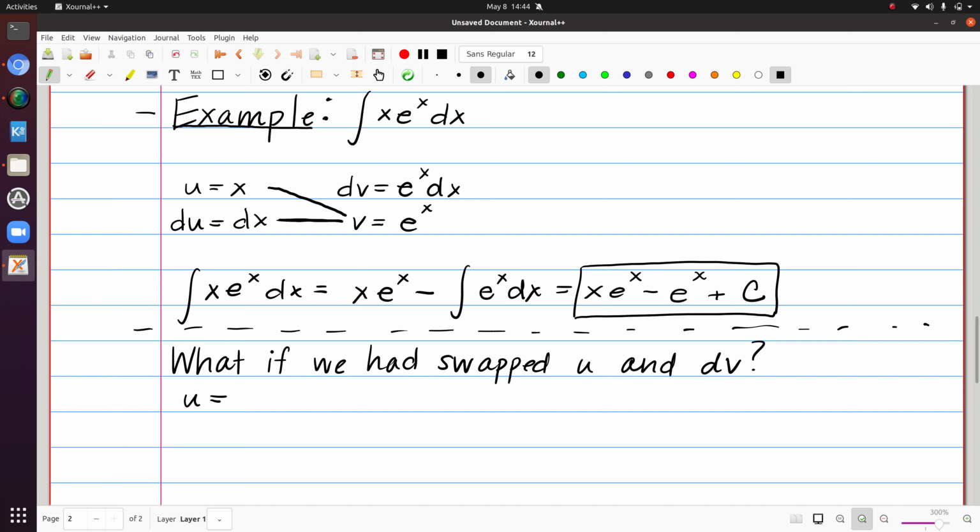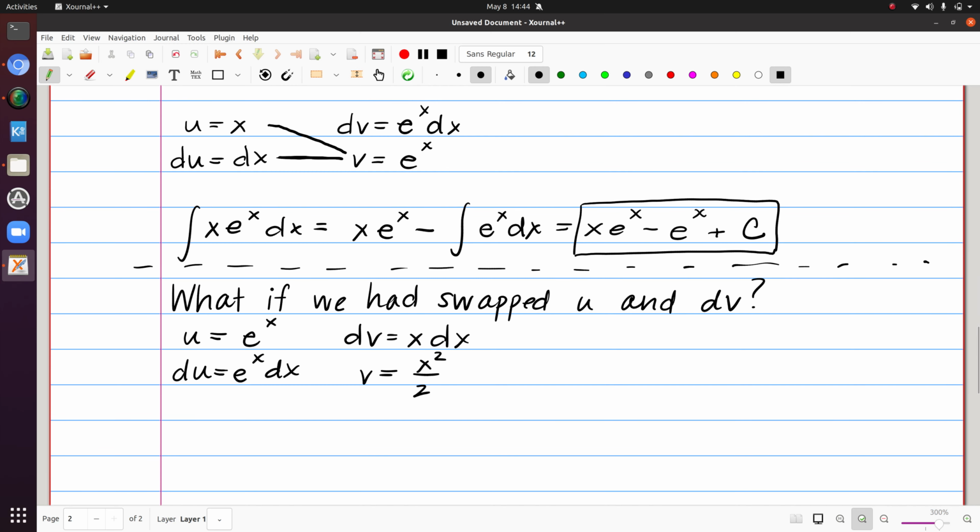If I were to let u equal e to the x and let dv equal x dx, that's another way of breaking up the product that we started with. A perfectly reasonable way. Here, du would be e to the x dx, and v would be x squared over 2.